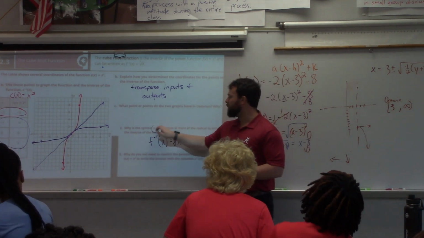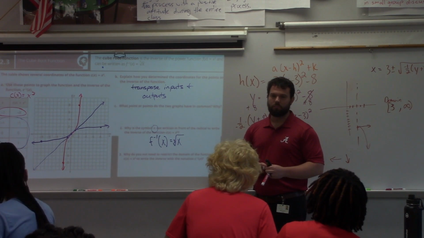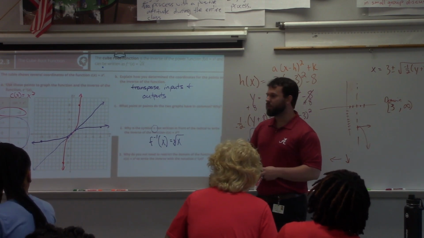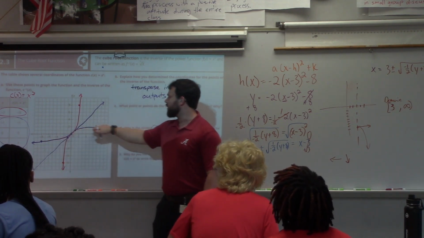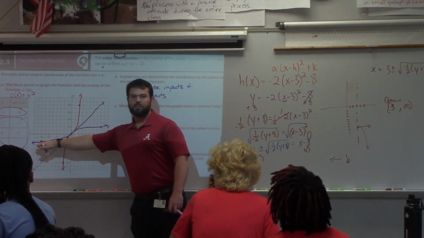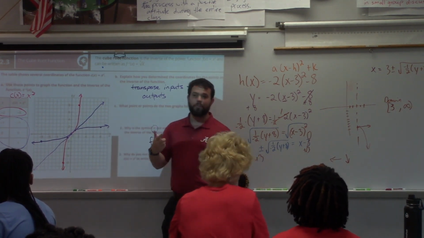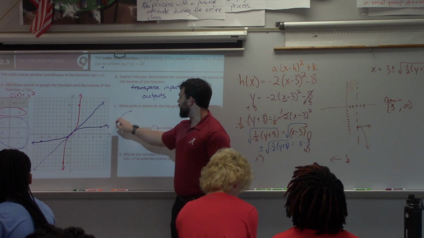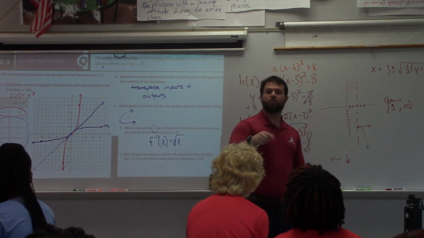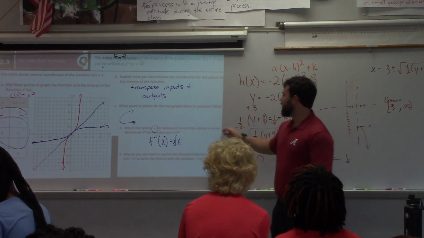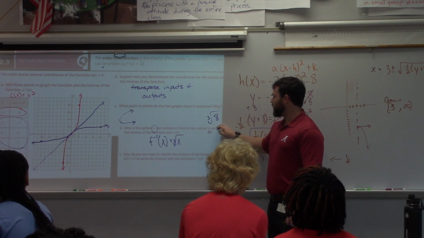Notice we do not have a positive or negative. Why not? Well, it is already a function, but also look at the inverse there. Is it already a function or not? It is, so each input only has one output. Remember with that quadratic, each input had two outputs. When you take a square root, you have to do a positive or a negative. But if I ask you for the cube root of 8, that equals 2.